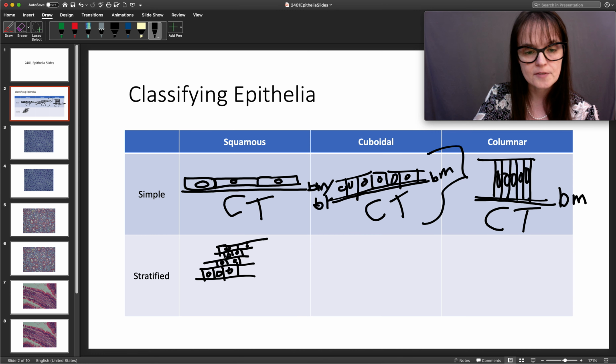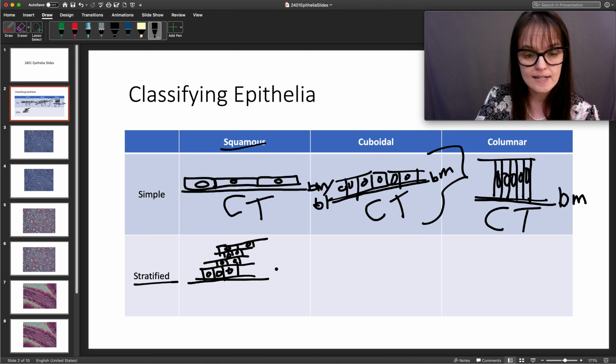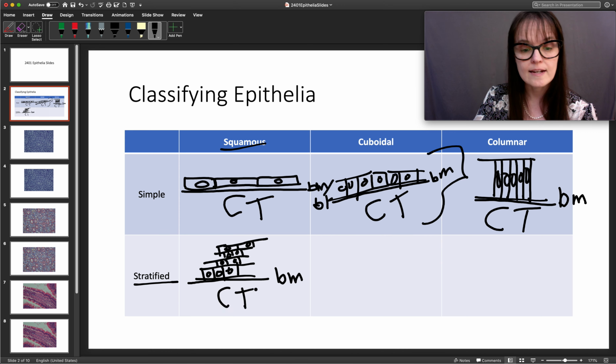And here you've got flat cells on the top layer, so it's a stratified squamous epithelium. Underneath that is a basement membrane, and underneath that is a connective tissue.